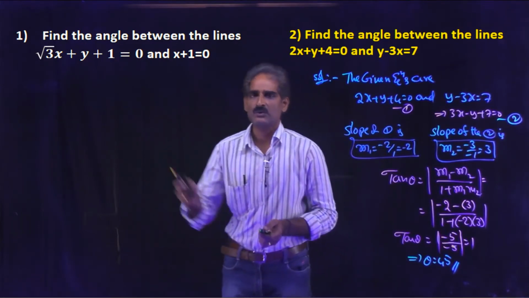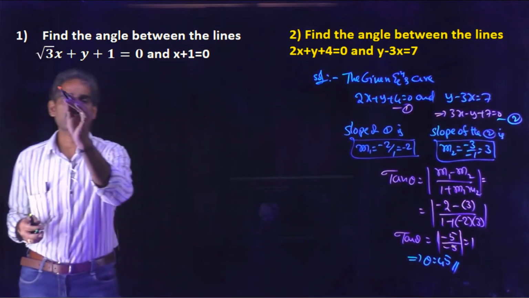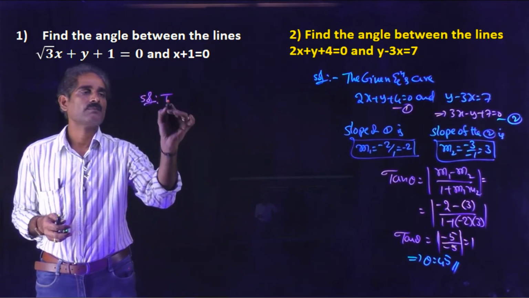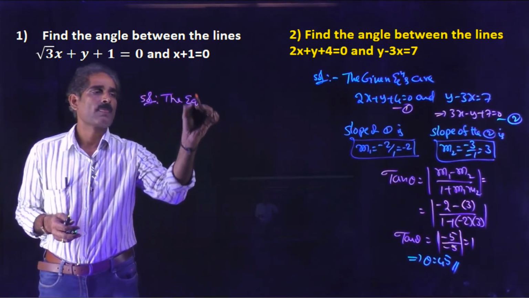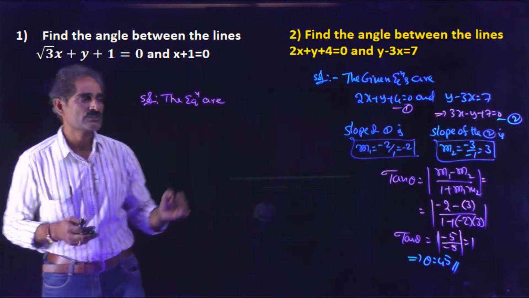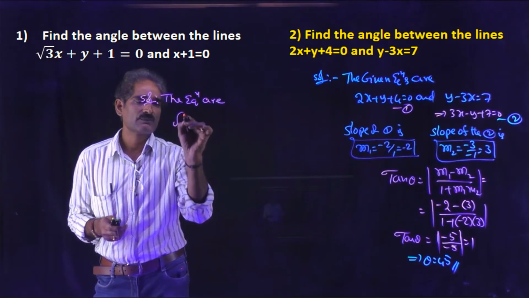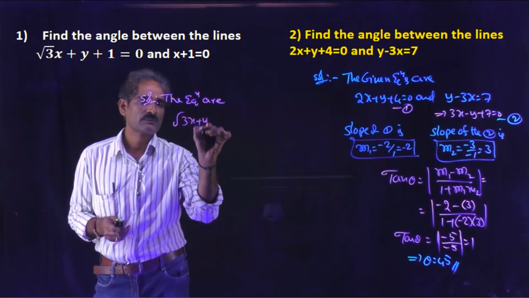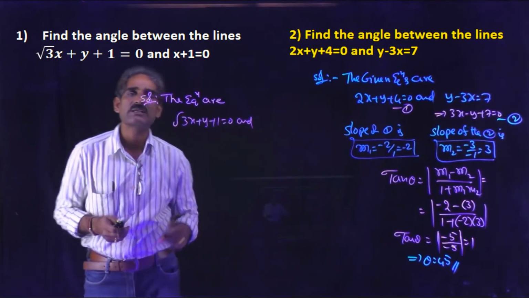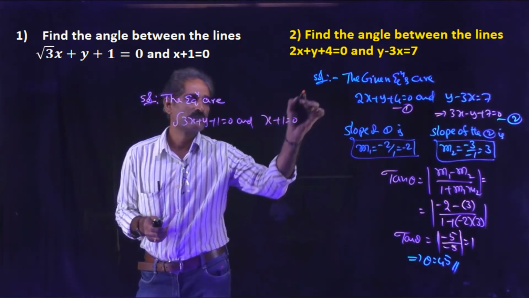Okay, so now come to the second problem. The given equations are: the first one is root 3 x plus y plus 1 equal to 0, and the second one is x plus 1 equal to 0.